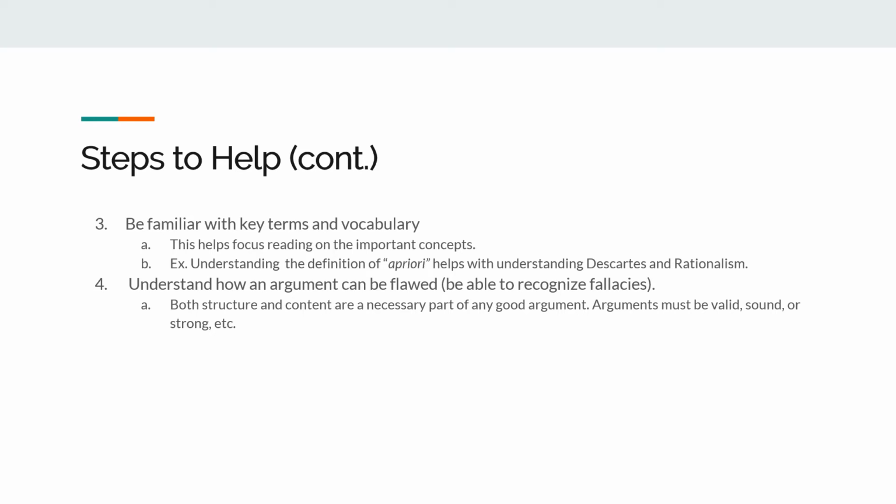Another important step to help us with reading philosophy is to become familiar with key terms and vocabulary. No matter what discipline you're studying, there's going to be a strict vocabulary. If you're studying computers, then there is computer lingo. If you're studying medicine, there is medical terminology.